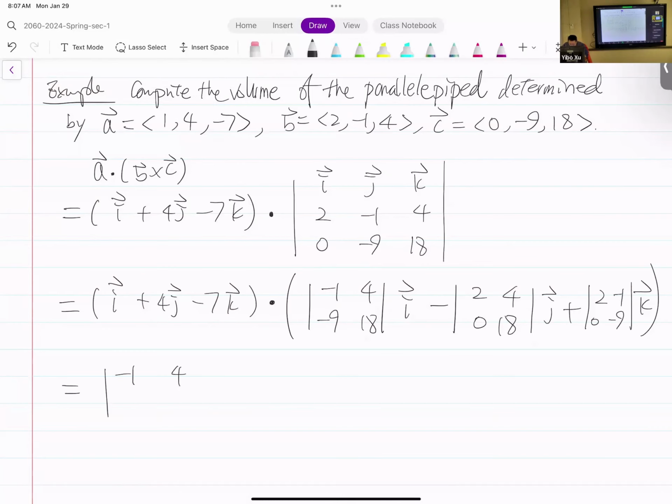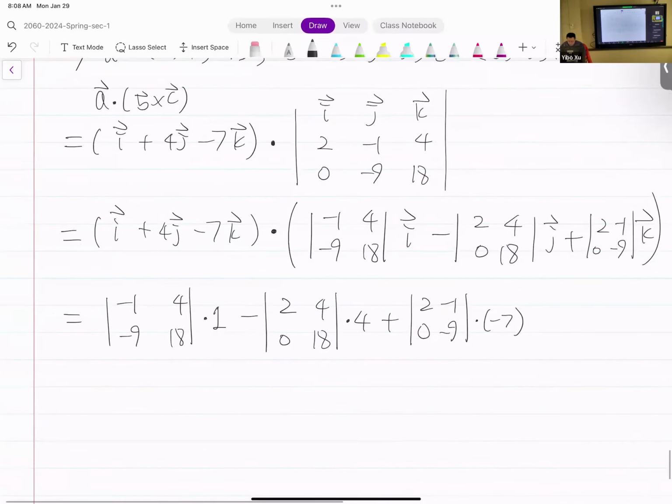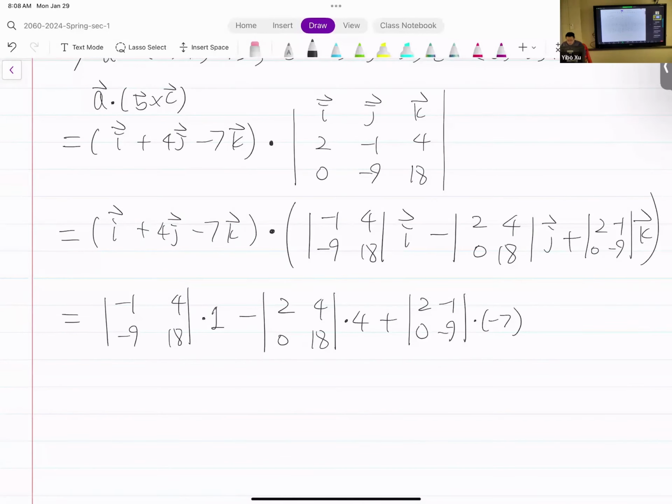Let's, without doing the simplification, we want the order 3 determinant. So that's the component in front of I multiplied, minus the components in front of J multiplied, plus the components of K.